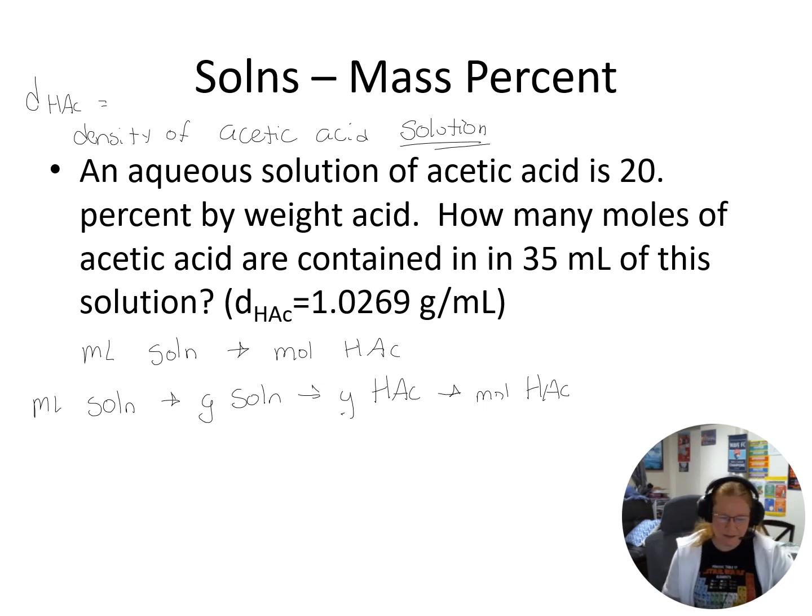To give myself enough space to write, I'm going to switch to a blank slide. All right, so let's take that roadmap and fill all those pieces in. So 35 milliliters of solution. I have 1.0269 grams of solution in every 1 milliliter of solution.